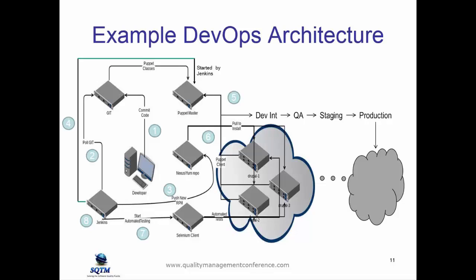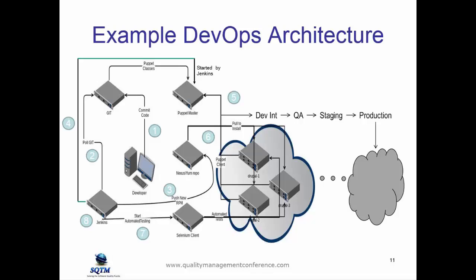That's step number 5, and pull the application that's been built out of the repository, step number 6, and put it in the appropriate places on the boxes that we want to do some sort of testing.